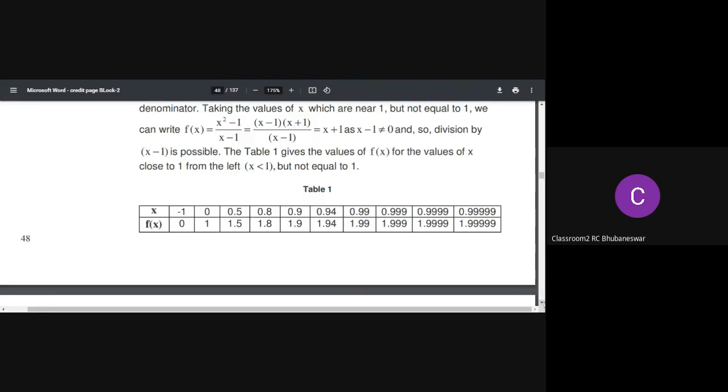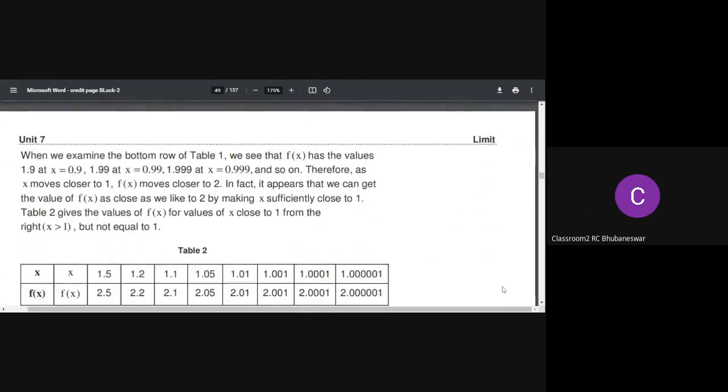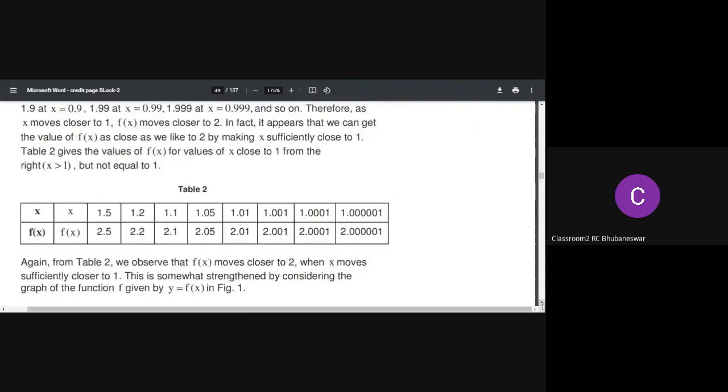So the conclusion is that the function is not directly defined at x equal to 1, but in our calculation we found that values of x very close to 1 give us values like 1.999, very close to the value 2. So we are able to say that the function must have some value at x equal to 1, the limiting value of the function will be near 2.